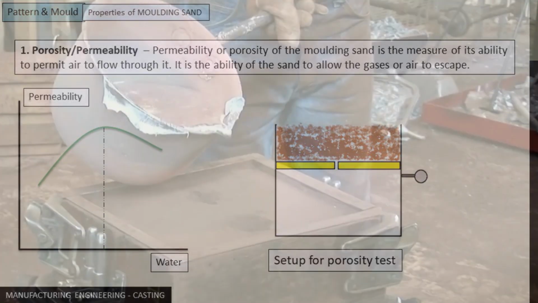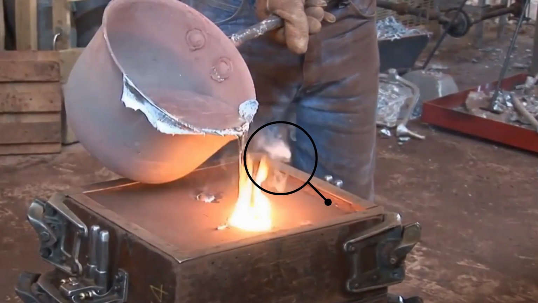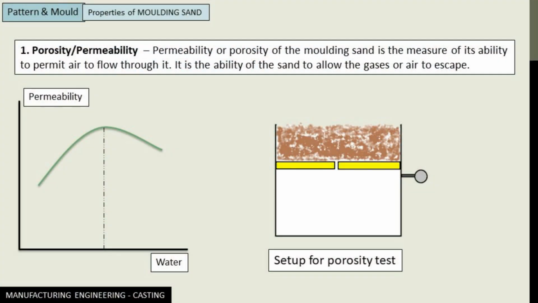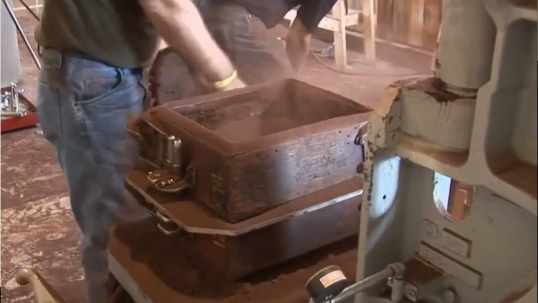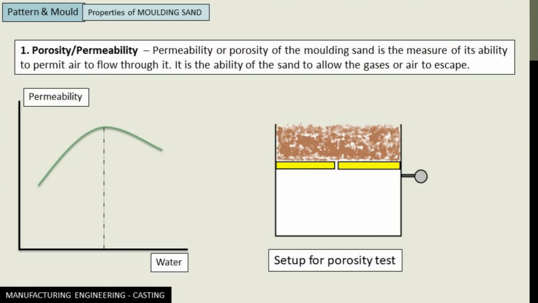The molten metal always contains a certain amount of dissolved gases which try to leave when the metal solidifies. Also, when the mold is poured, water vapors and other gases are generated. And when the molten metal comes in contact with the molding sand and the core, again gases will be generated.